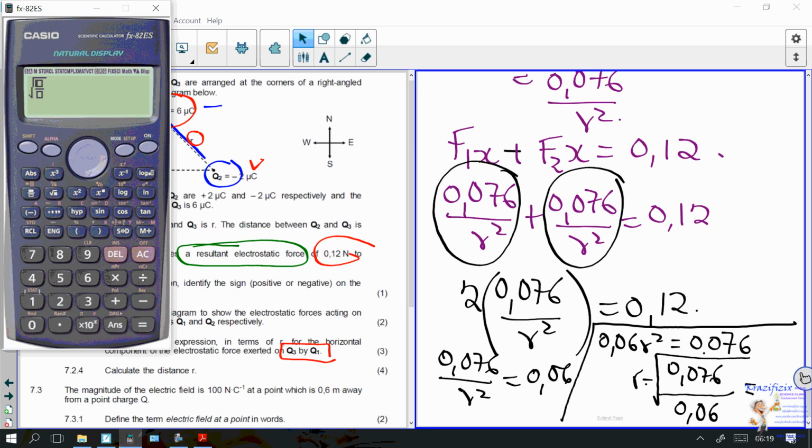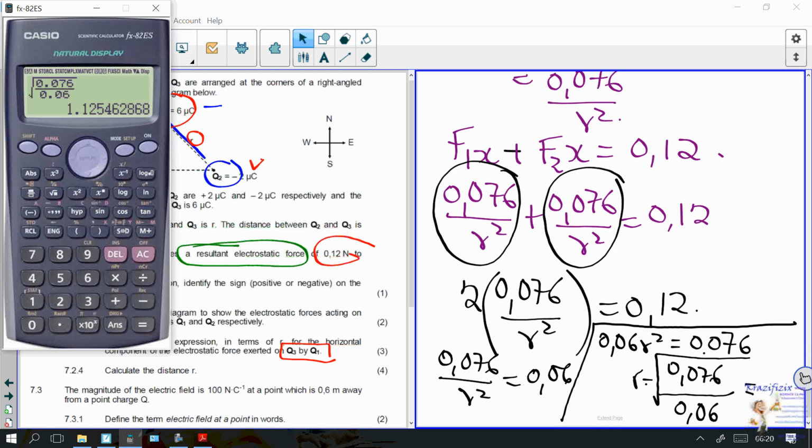So we are saying the square root of 0,076 divided by 0,06, and we find the square root of that number, and my final answer is simply 1,13.